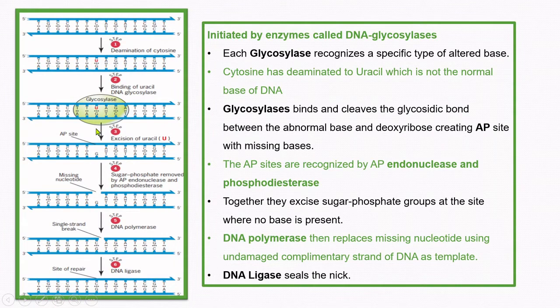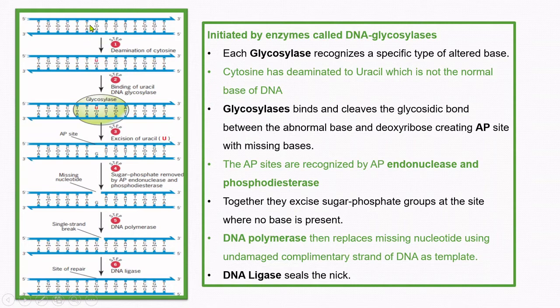The mechanism of base excision repair is initiated by an enzyme, glycosylase. Focus on the diagram, students. Now, like I just told you, base excision repair is initiated by glycosylase. But one thing you should be clear about is that the specific type of abnormal base is recognized by a specific glycosylase. Here, I have taken the example of a cytosine base which has deaminated to uracil.